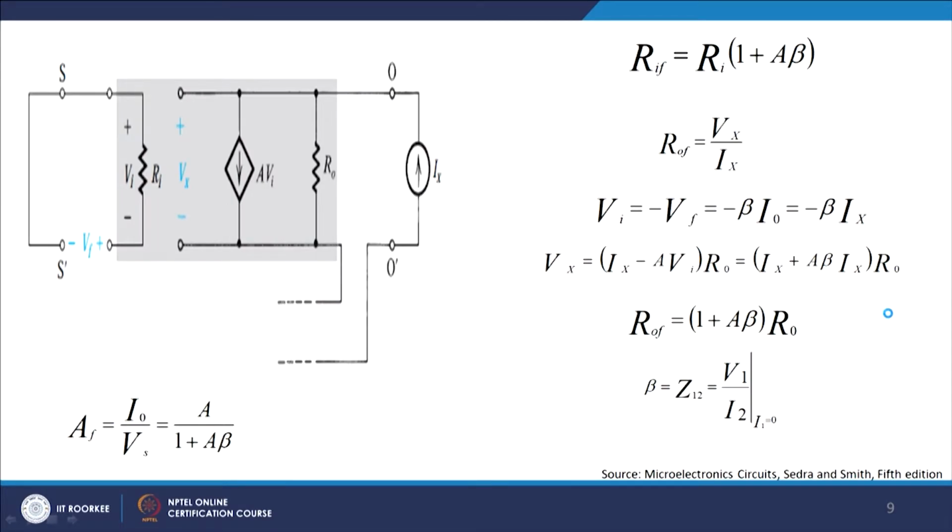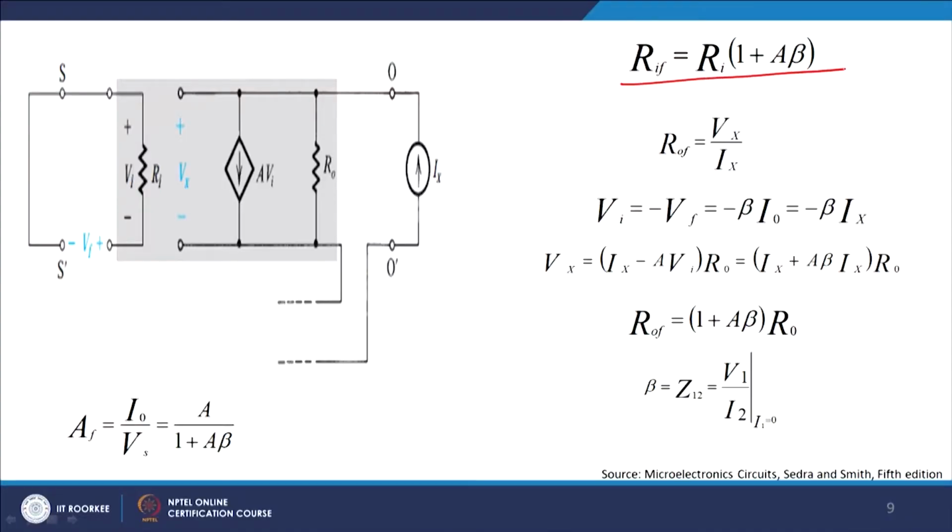Now, the same thing we bring back here and show what the implication is. In both the cases you will see that RIF, I am not doing the whole derivations given in all the standard books, equals Ri into 1 plus A beta, which means that the input impedance of the amplifier depends on Ri, which is the resistance available without feedback on the input side, multiplied by 1 plus A beta.